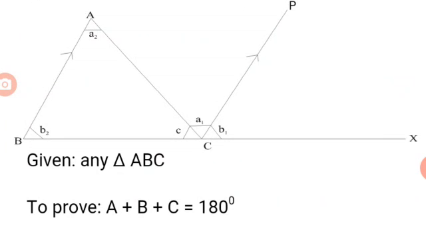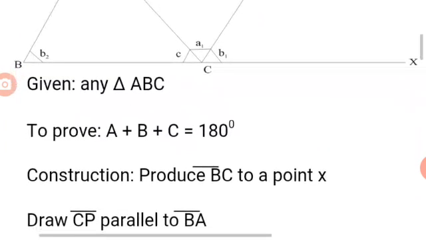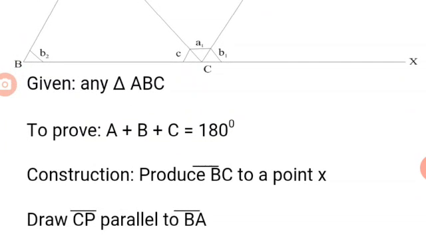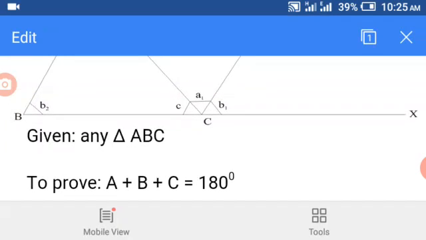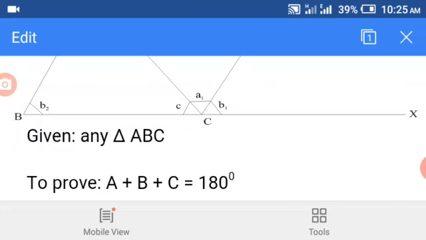Are we together? Now, construction: produce line BC to a point X, that is, we extend the line.